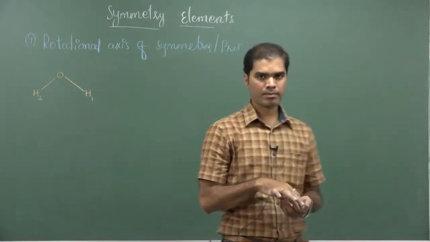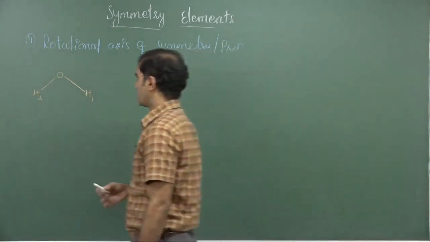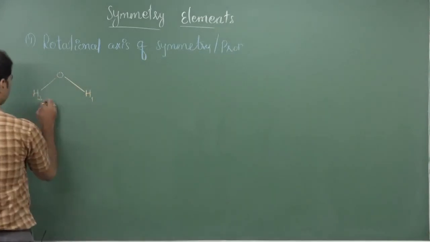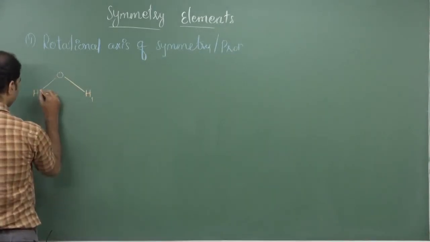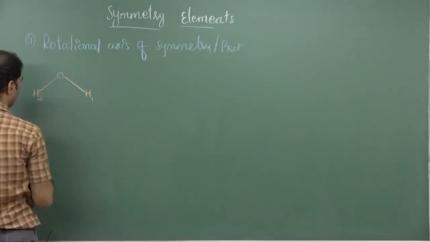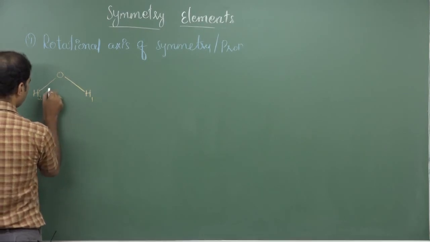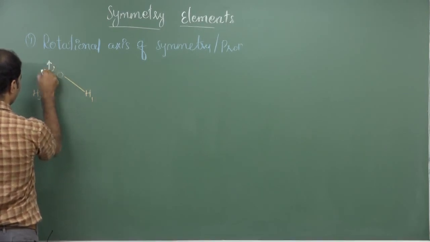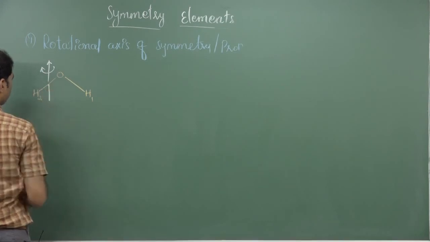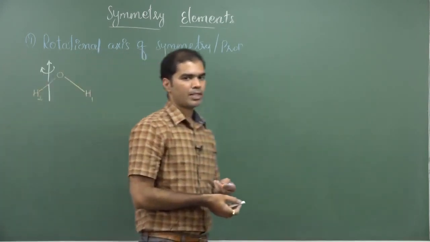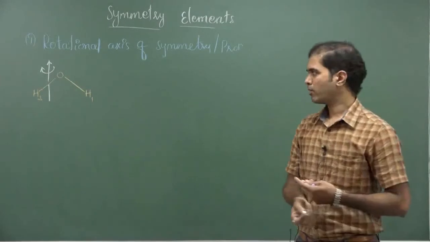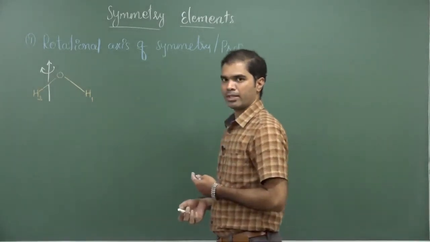Then what I will do is ask a simple question. Now I will try to pass a rotational axis from here, then try to rotate. I am passing a rotational axis through a bond between an oxygen and a hydrogen.